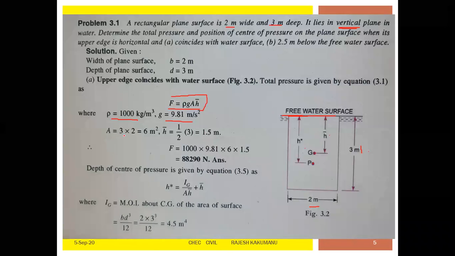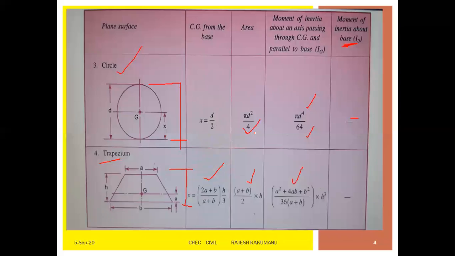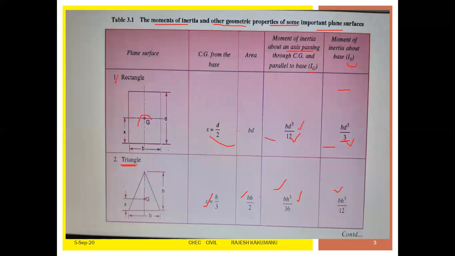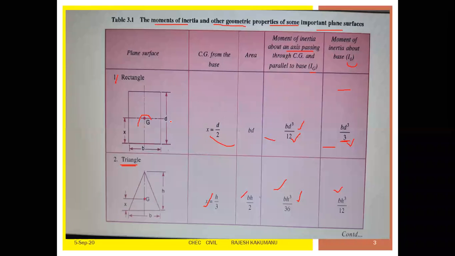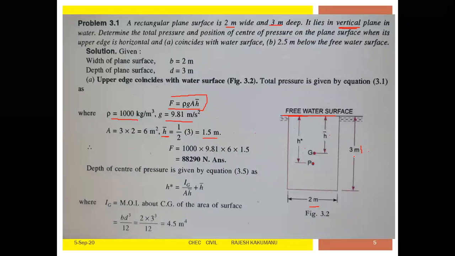Directly you can say 3 into 2, equal to 6 meter square. Then what is h bar here? h bar is equal to D by 2.